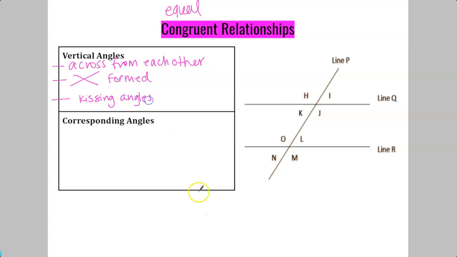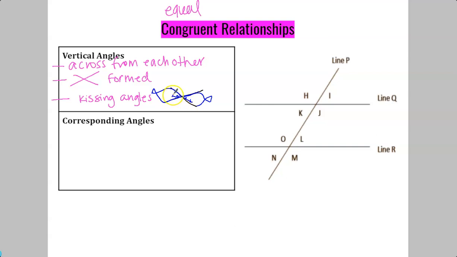That's because when we make this X that gets formed, this angle right here is kissing this angle right here. If you can imagine this was a fish, some sort of animal, that these would be kissing each other.